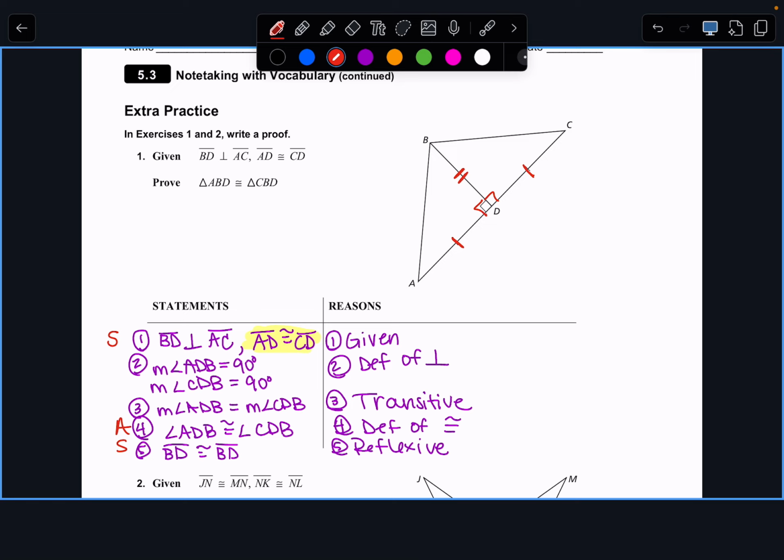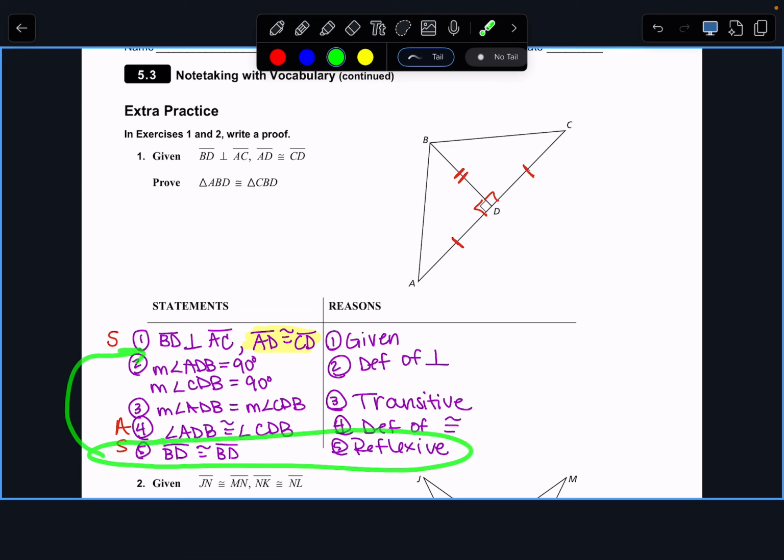Okay? Cool. Why can't we just start with the reflexive property and just say since these are equal? Are you saying why did we not make this our second step? Yeah. We could have. It doesn't matter. But we still have to do these steps right here. So that's a good question, Cole.